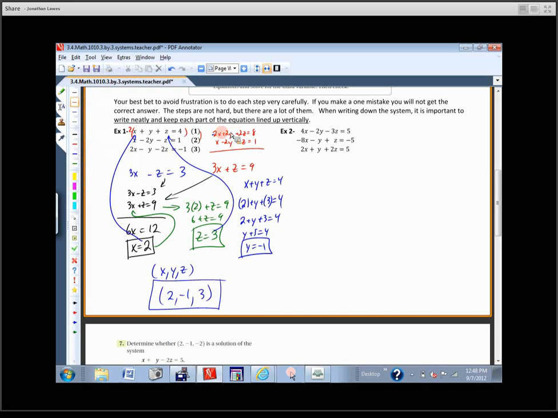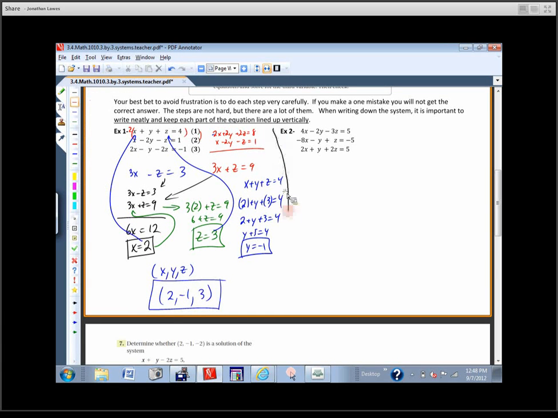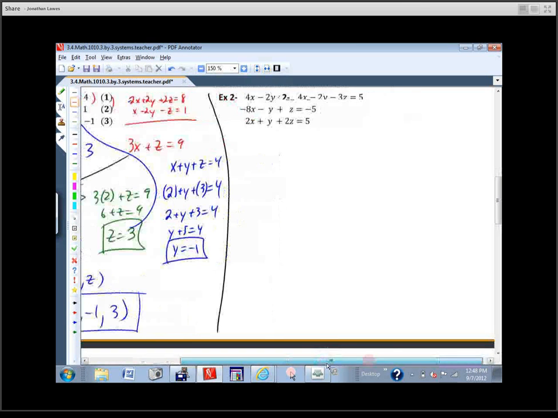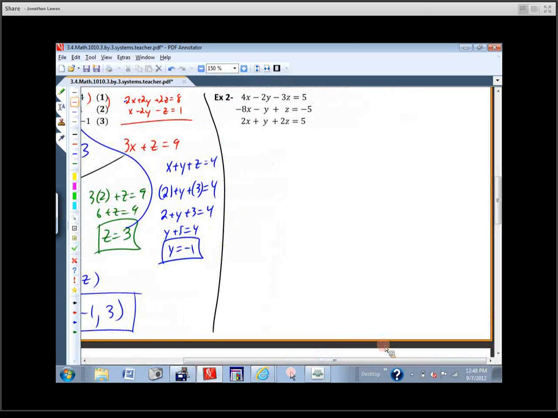If you're sloppy, you're going to pay for it because you're going to end up making mistakes. Nothing's more frustrating than going through and doing all of these calculations and figuring out, oh crap, I added when I should have subtracted. So let's take a good look at this. What variable do you think would be the easiest to get rid of?